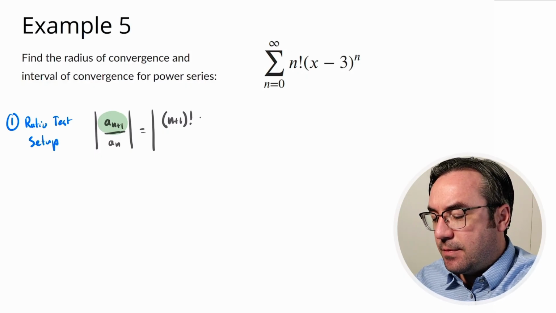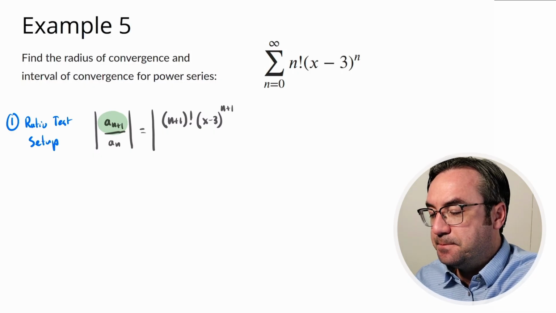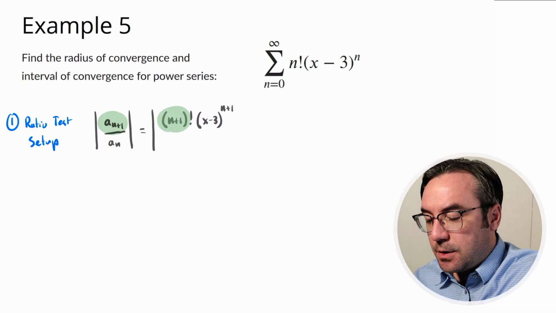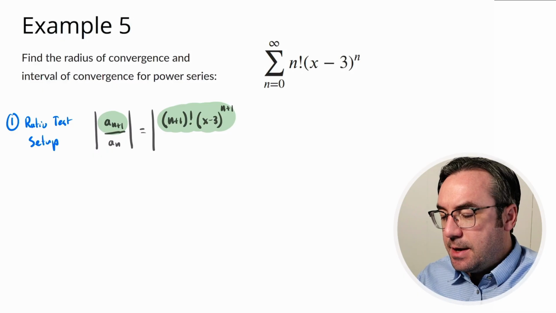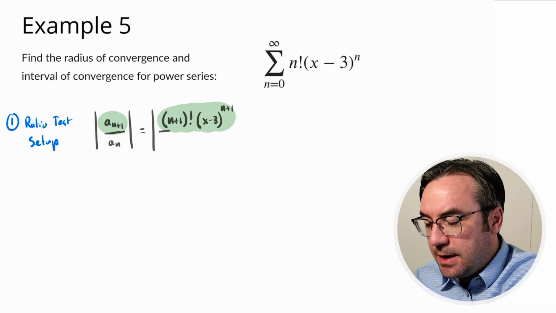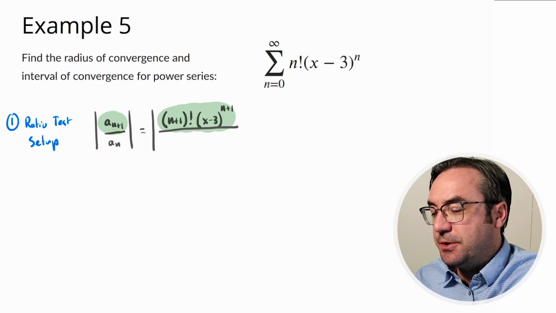And then our power term will be x minus 3 raised to the n+1. All right, so that's our a_(n+1) term. Now, in our denominator, we're going to do just the original terms from our series, so just a_n.